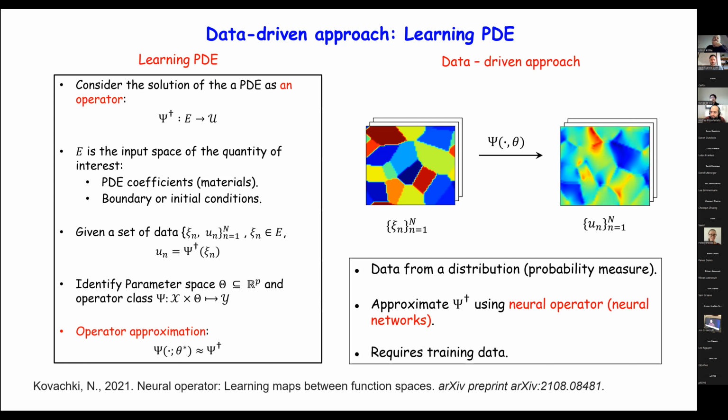But if you draw from a constant, just like a Dirac measure, where all the data is from one distribution, then you need just one training sample. It's also associated with how difficult it is to approximate the map Ψ†.